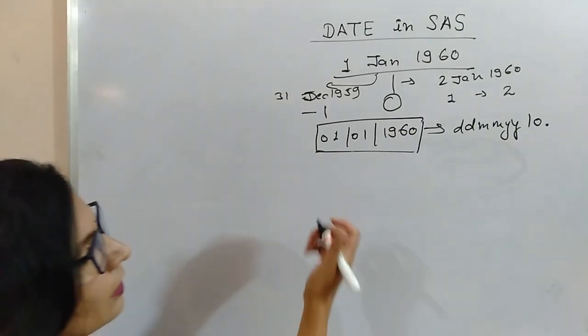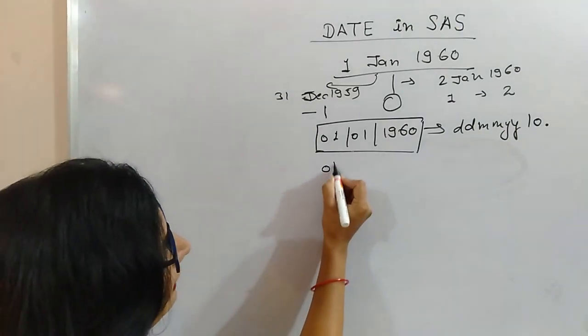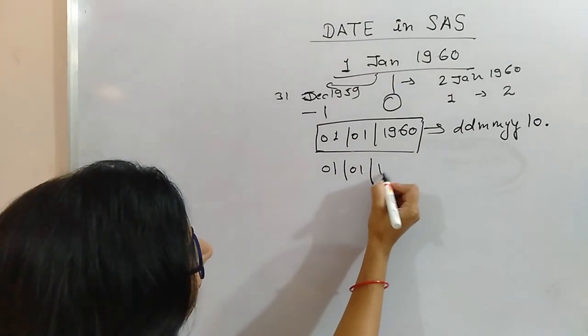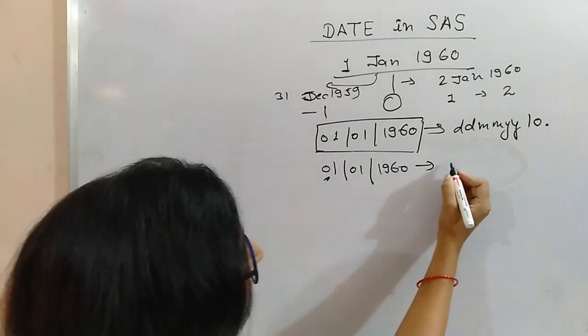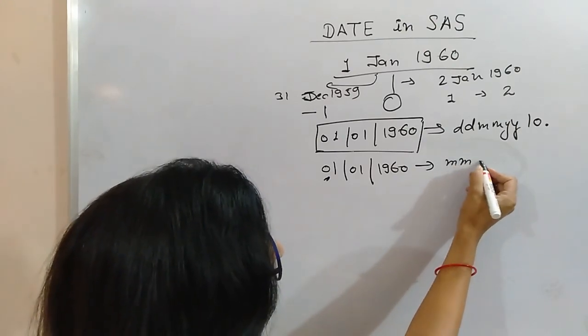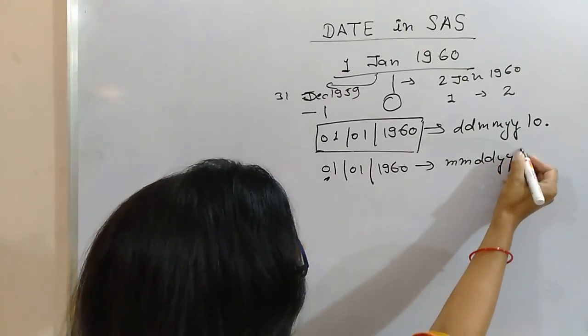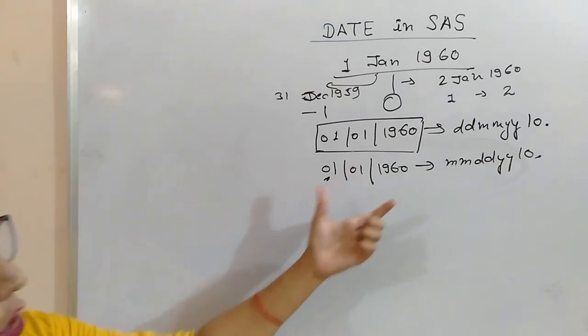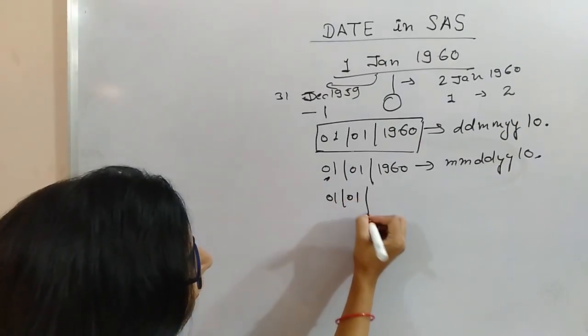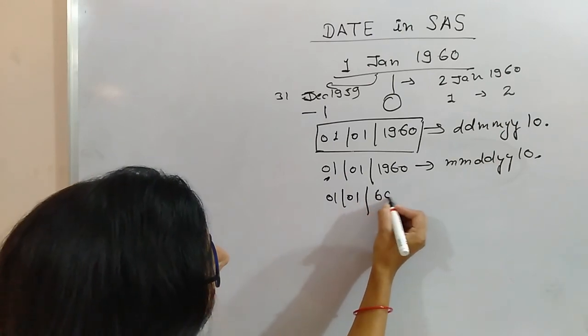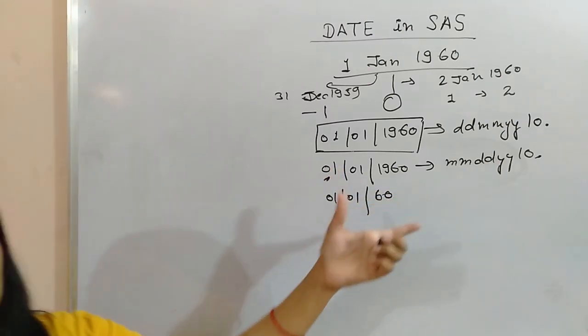And let's say you have written the month before the date: 01/1960. Let's consider this a month, not a date. So we'll be writing something like MMDDYY10 dot. Let's say I'm not writing 1960, I'm writing only 60. I'm not writing any century into this.